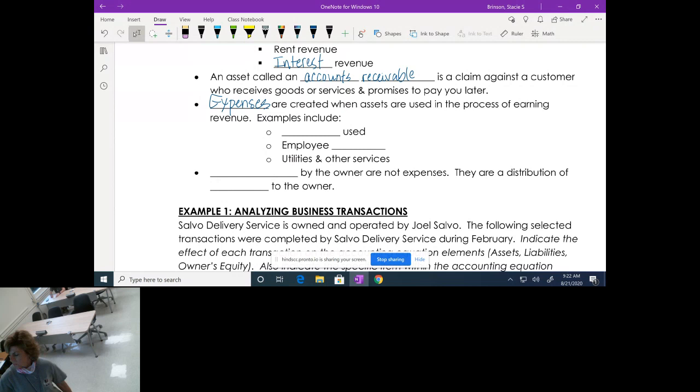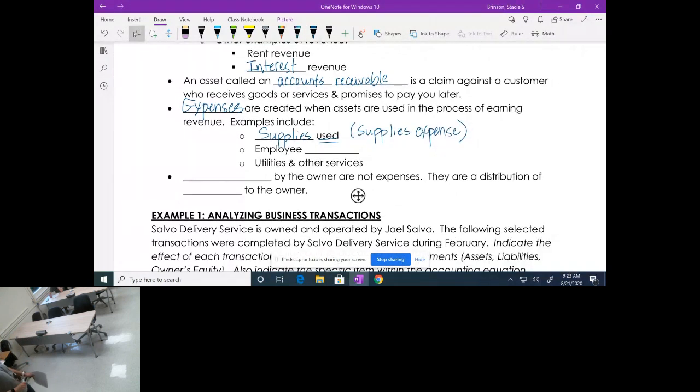And once those supplies are used, you will have a supplies expense. You will know when it's supposed to be supplies expense because we'll do that entry at the end of the period. Because what they do is this: we fill the closet up with supplies, and at the end of every month, we go in there.